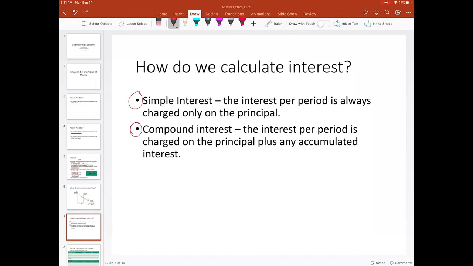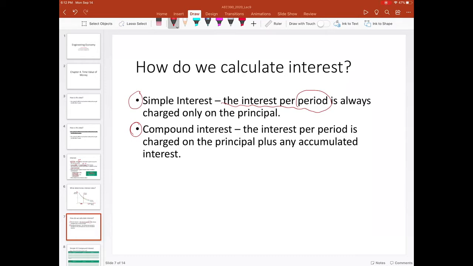The difference, okay, so simple interest means the interest per period. Period means how long or how frequently you have to calculate the interest. If you save your money in a bank account, usually you have a yearly interest rate, which means at the end of every year, the bank will calculate how much interest they should pay you, right?